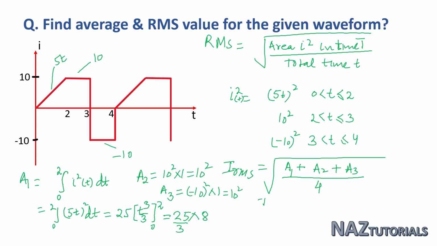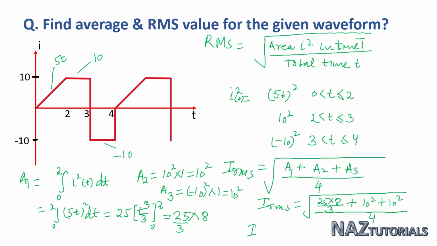So put all these values for the RMS calculation: square root of area 1, 25 into 8 divided by 3, plus 10 square, and this is also 10 square, divided by 4.